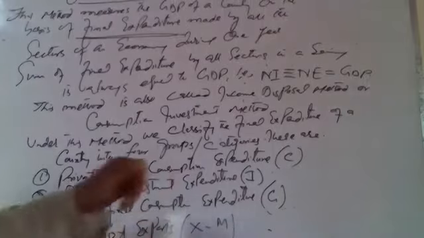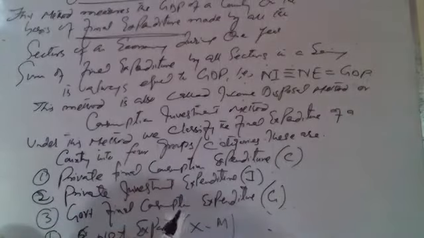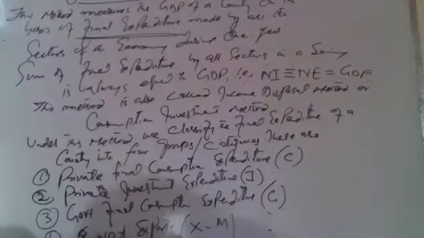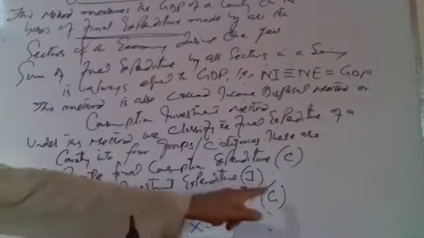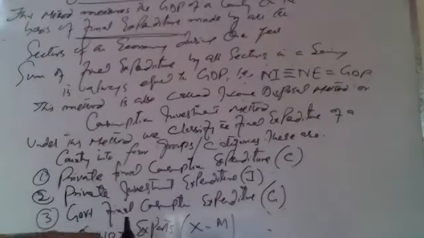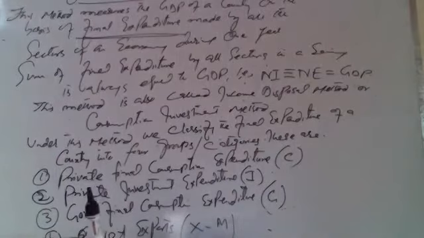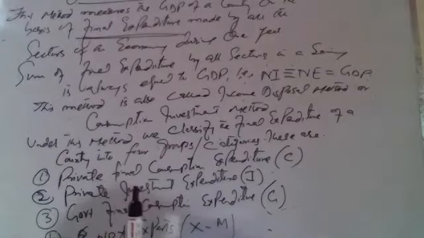Then we have government purchase of goods and services, which we call government expenditure. Government spends on consumption goods and also makes investment. We sum up all this in G. Last is the rest of the world sector, which makes expenditure in the form of imports, and foreign countries make expenditure here in the form of exports.